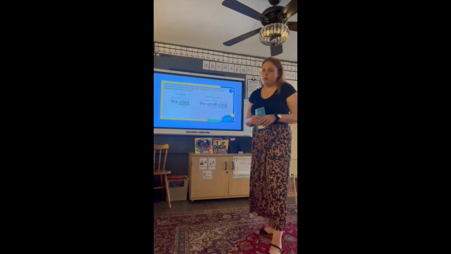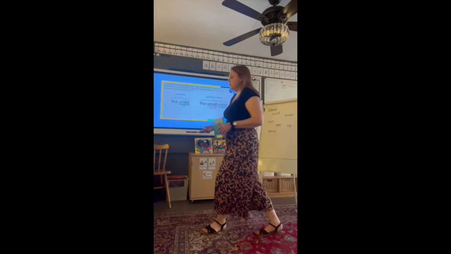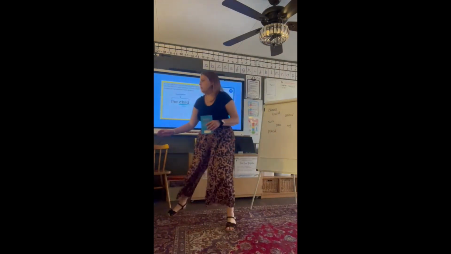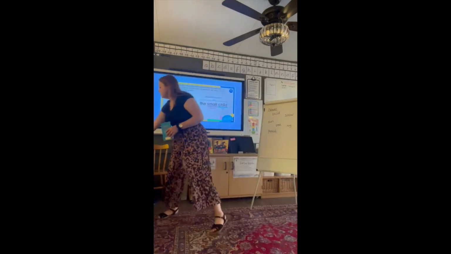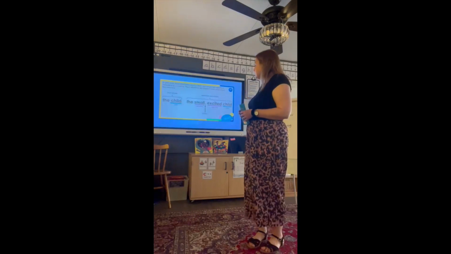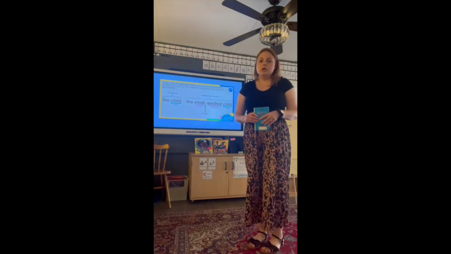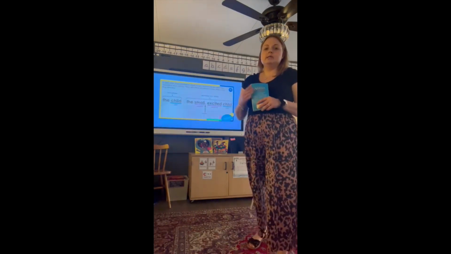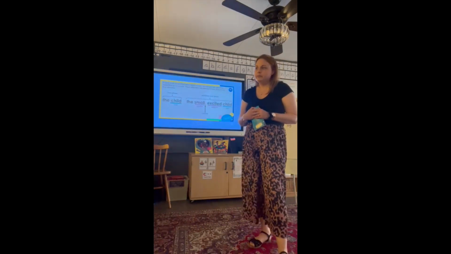Okay, so for example, the small child. And if we want to expand that further using 2 adjectives, for example, the small excited child, we are expecting the children to separate those 2 adjectives with a comma.